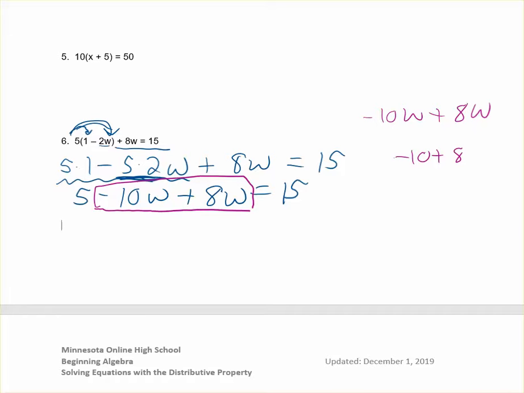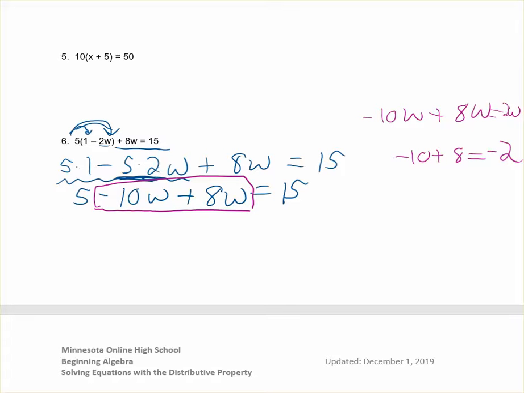You can check on a calculator or think about the weather outside. If it's negative 10 degrees and then it goes up 8 more, it's still going to be negative, just not as cold. It's negative 2. So that means negative 10w plus 8w is equal to negative 2w.